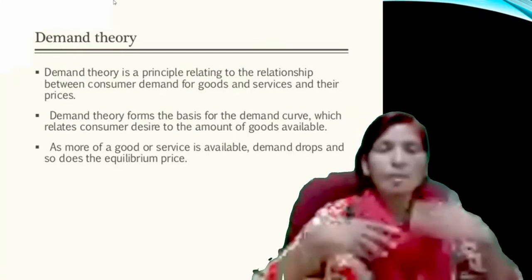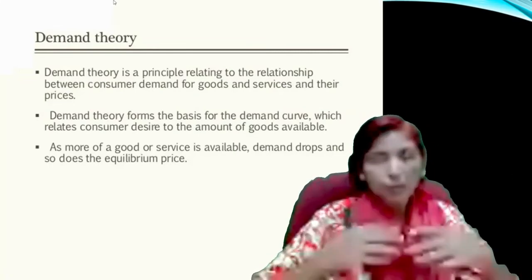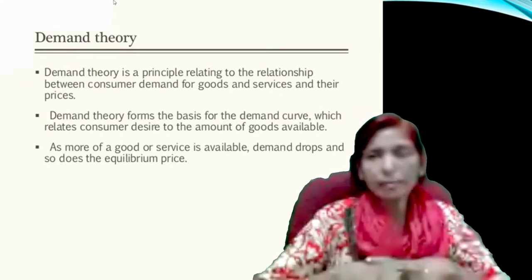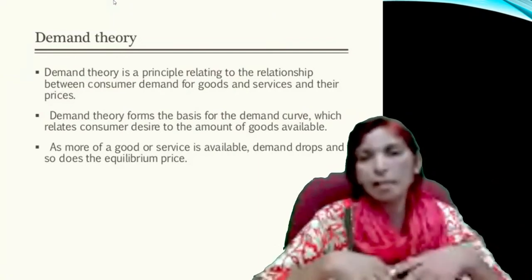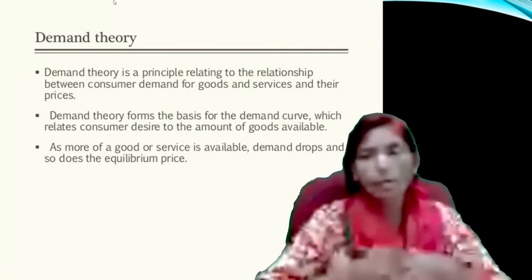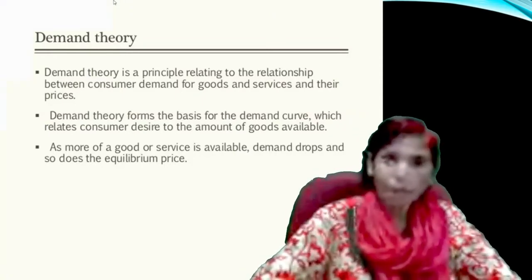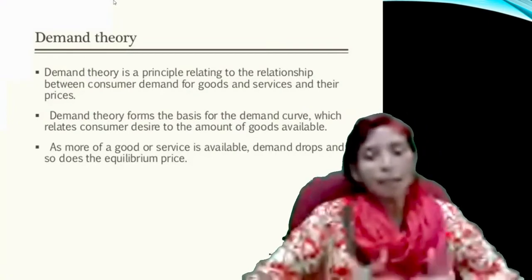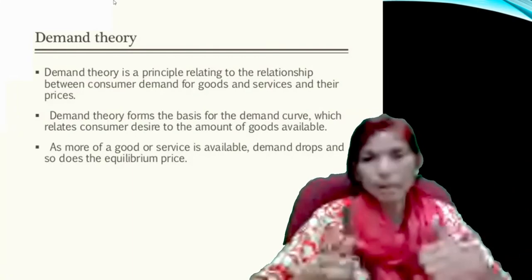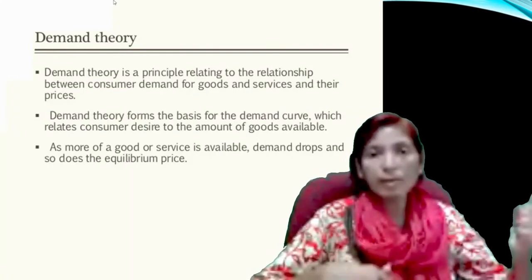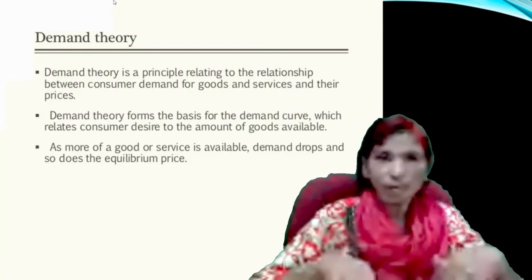If supply is more and demand is less, there will be a disequilibrium in the price level. If demand is more and supply is less, there will also be disequilibrium. But if demand and supply are equal, if the demand curve intersects the supply curve, there is equilibrium. The demand curve is always downward sloping and the supply curve is always upward sloping.